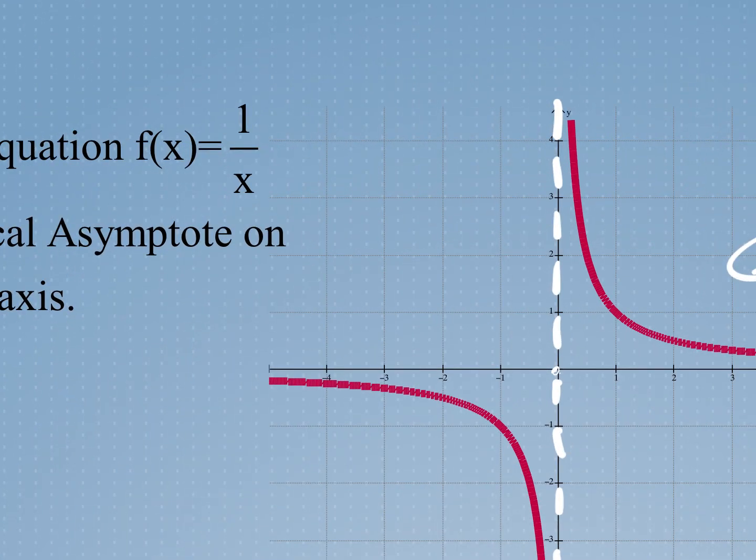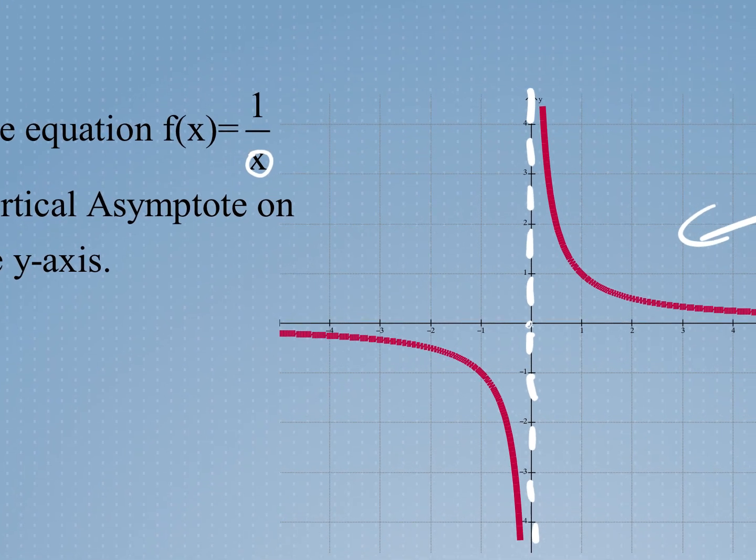So if I plug in 0 right here, what happens to my fraction? It becomes undefined. So your asymptotes are where the graph does not exist. It is undefined at that place. So that's why I said yesterday that your domain and your vertical asymptotes go hand in hand.